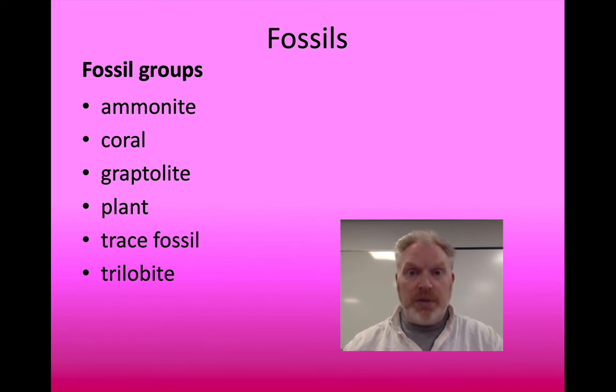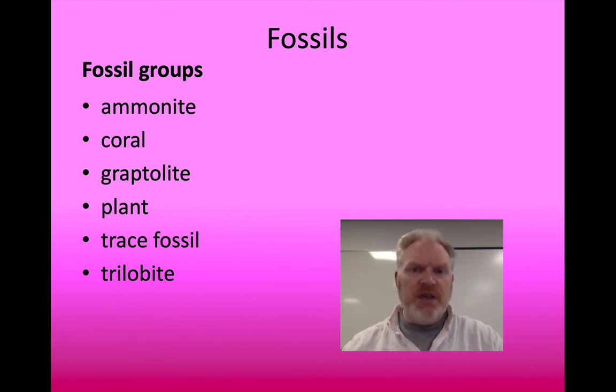Plants, pretty obviously, are plants. Although plant fossils can be tricky in terms of whether you're looking at the root, a stem, a branch, a leaf, a seed. So they can be quite varied in form, even from within the same organism. A trace fossil is some record of an animal's activity.